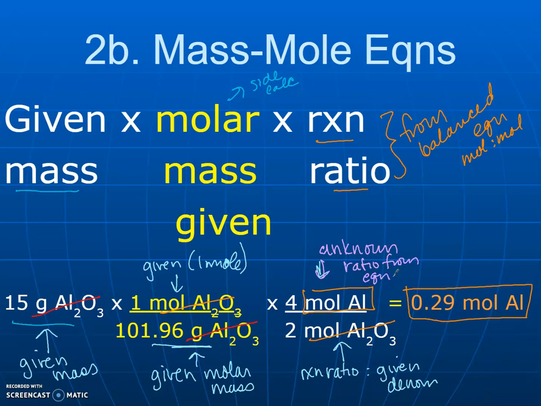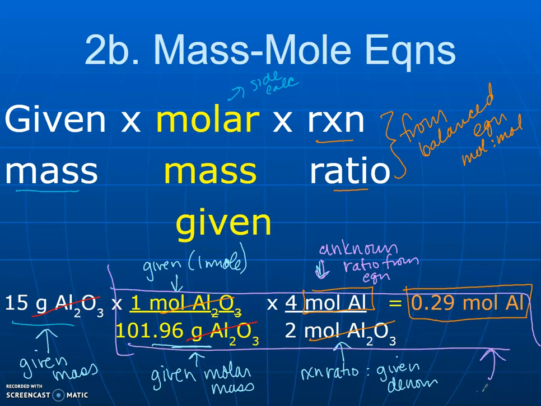So those are pro tips. Always look for those things in those positions. In a mole mass problem, you would cut off here, and then you would just add in the molar mass of your unknown here, because you would be starting in moles of your given.